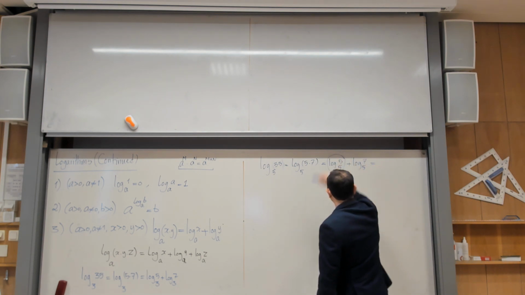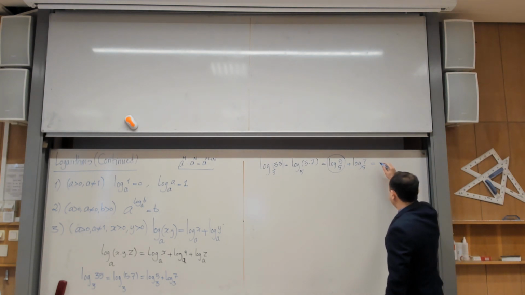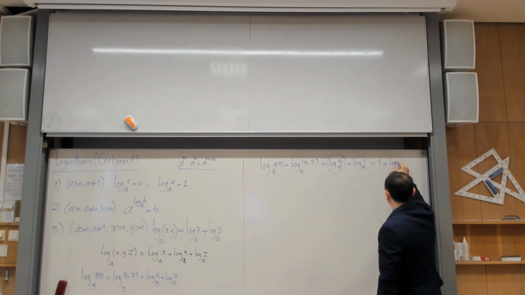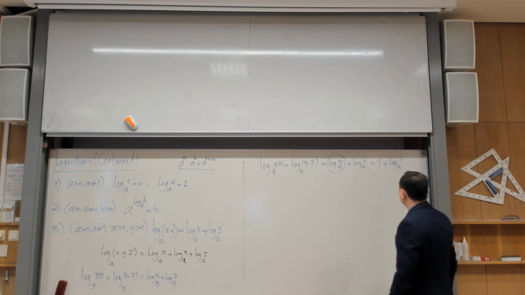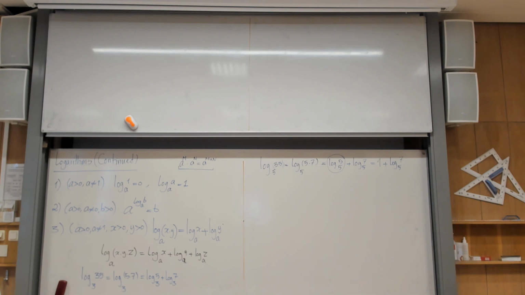But there is a better way: log of 5 in base 5, according to the first property, is simply 1. So it is important to understand that sometimes expanding makes the problem simpler.